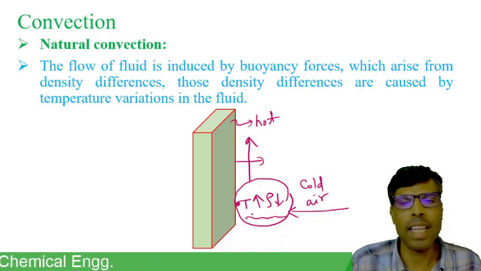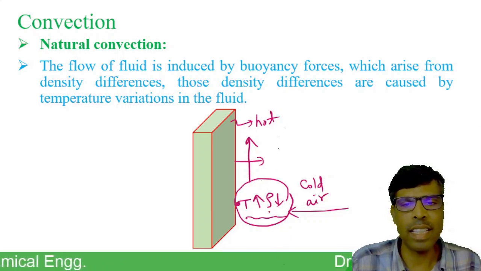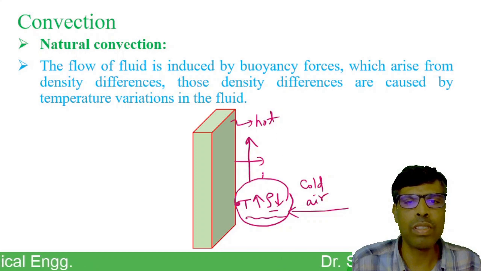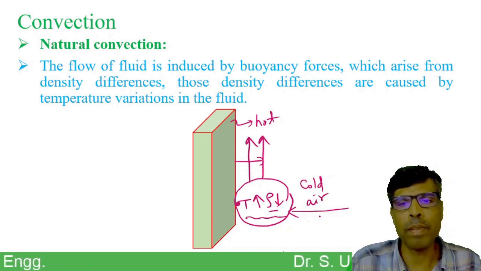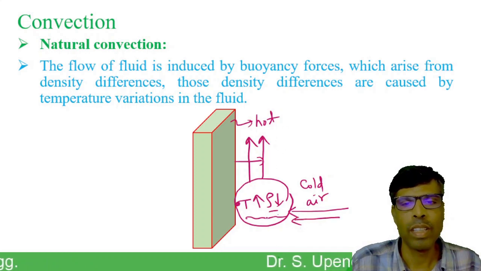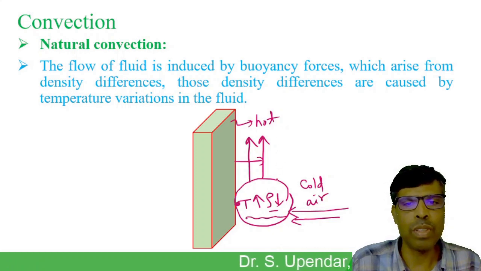Again, that air gets heated, density decreases and it moves upward. Again, that place is occupied by unheated air that also gets heated and moves upward.